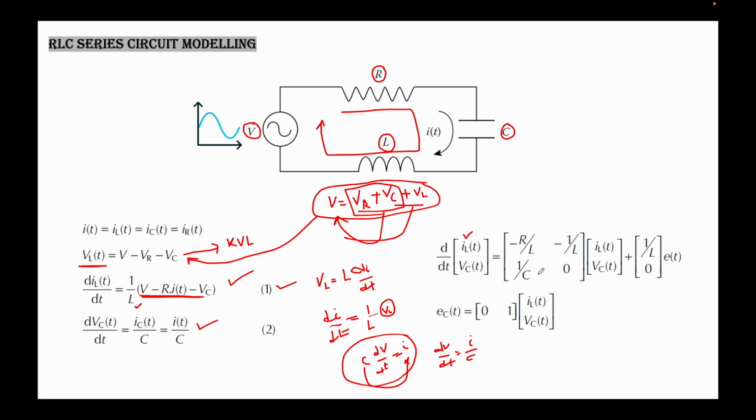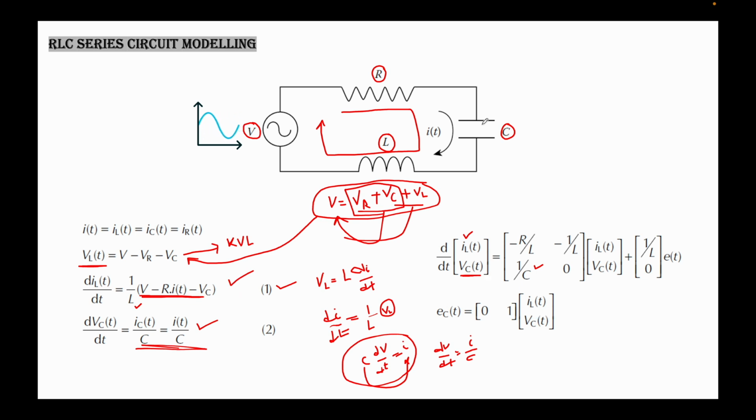That is formed in the form of a matrix, and dvc by dt is represented here, which is this part of this particular equation. If you multiply it and add it, then you will get these two equations.